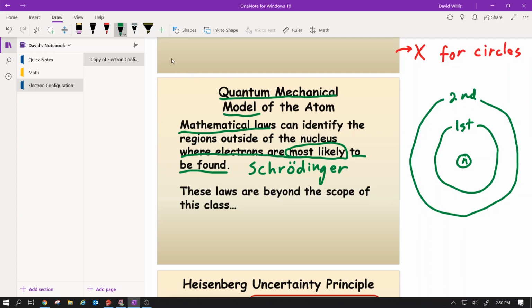So let's see. First level, second level. And what I'm going to say about that is that each level has sublevels called orbitals.